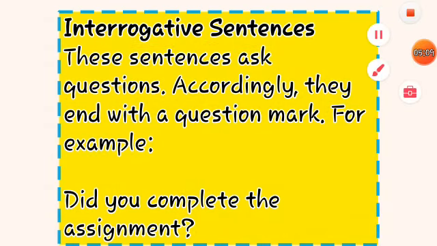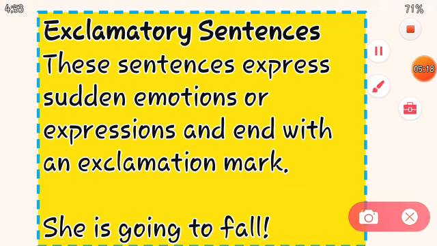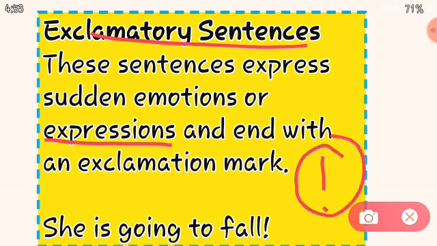Friends, the next is exclamatory sentences. Exclamatory sentences are the sentences which express sudden emotions or expressions, and they end with an exclamation mark. The example is, she is going to fall!